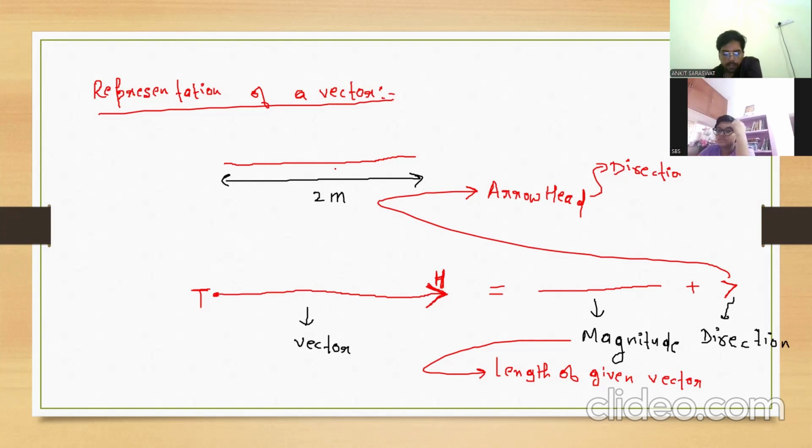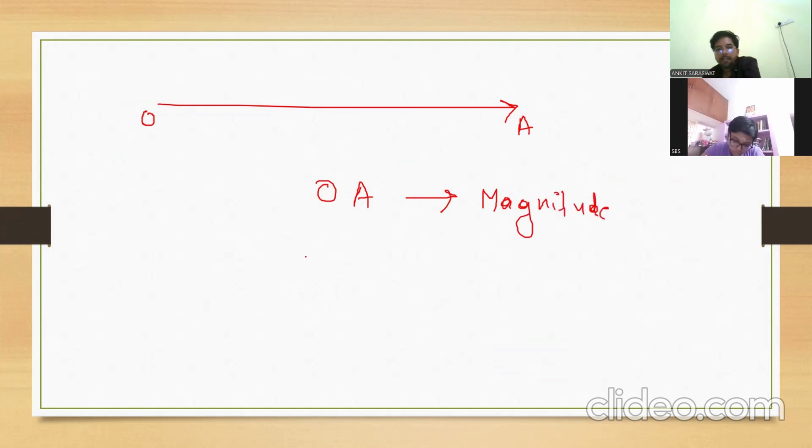So if I draw this vector, and say the tail is O and the arrowhead is A. If I write simply OA, it is its magnitude, meaning length. If I write OA with this sign on top, OA is the name of the vector.